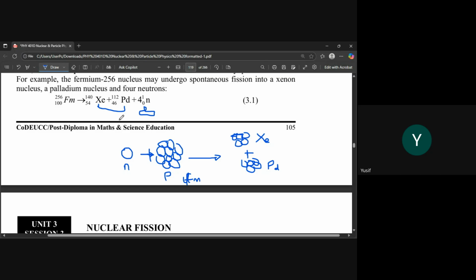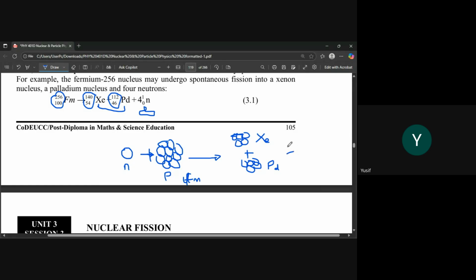So you know fermium has these nucleons, xenon also has these nucleons, and this also has these nucleons. When you balance this and this, it has to be the same as this. In the case where it's not the same, it should give you a clue about what is supposed to be here.